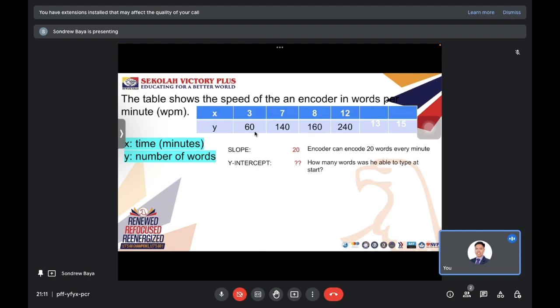That particular trick is very possible because 3 for x, which is in minutes, is very near 0 minutes. So it's easy to go backwards. For example, if in 3 minutes it's 60 words and we know it's 20 words per minute, then at 2 minutes this must be 40. At 1 minute this must be 20. At 0 minutes it must be 0. However, what if the x value is far from 0?